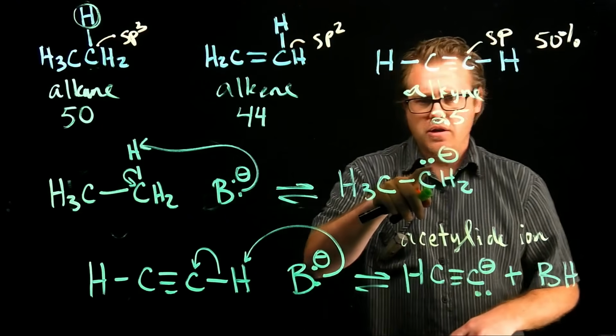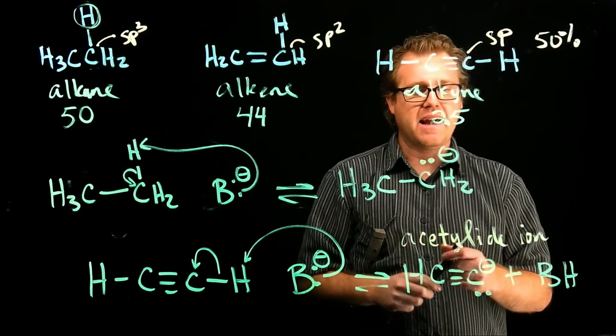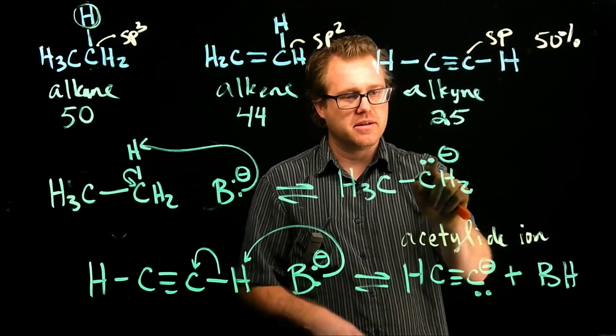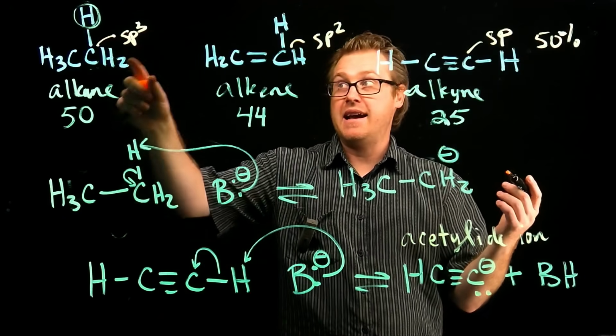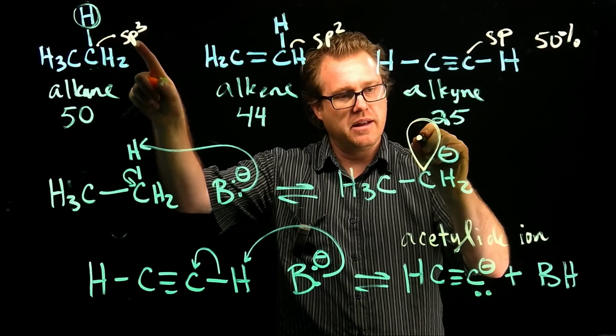That lone pair has to be in an orbital. Which orbital is it going to be in? An sp3 hybridized orbital, and we can put the electrons there.